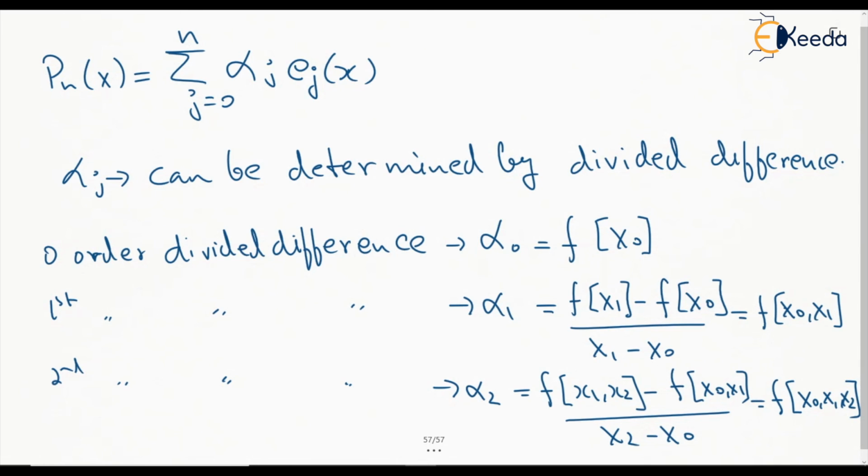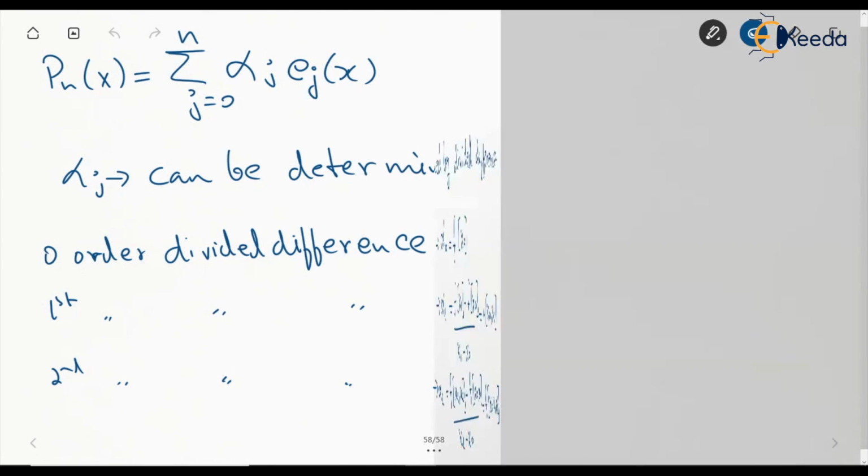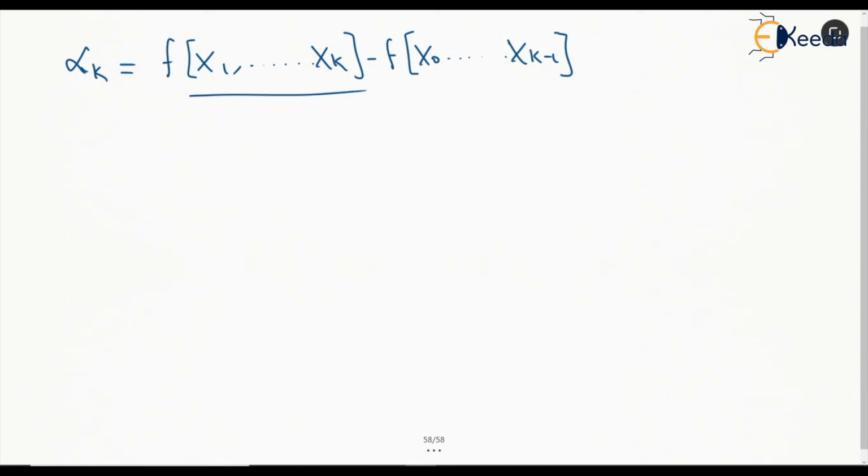So in general, this alpha k will be given as f[x1 up to xk] minus f[x0 up to x(k minus 1)] divided by xk minus x0, which is also given as f[x0, up to xk].